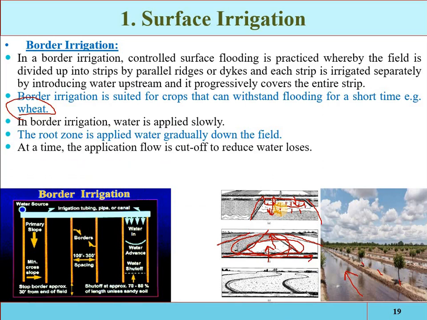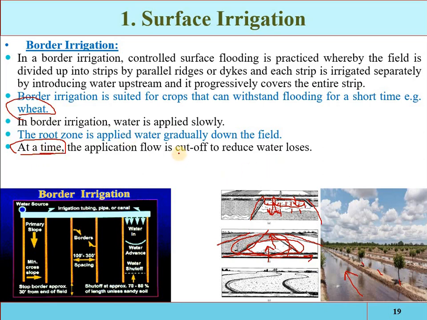At a certain time, the application flow is cut off to reduce the water losses. Now remember, in border irrigation, this is the most important design parameter. As we have discussed, water is a scarce resource, so if we have to properly control, manage and conserve the water, then the water will be cut off at the right time so that the water losses are reduced.